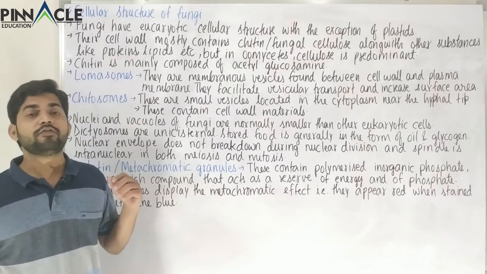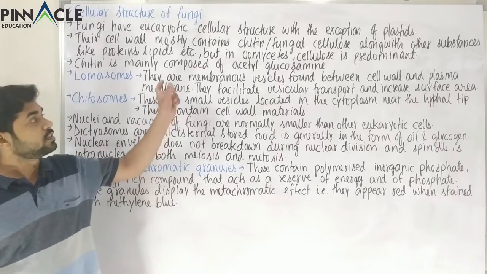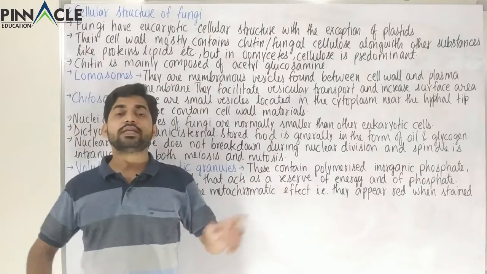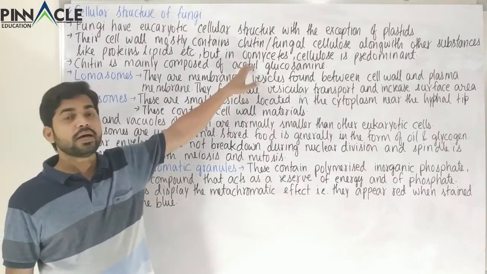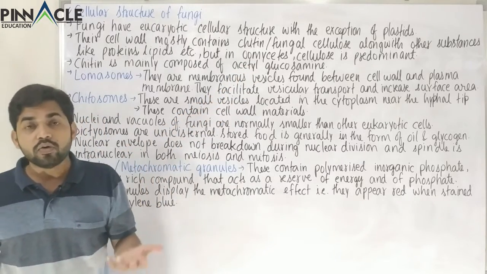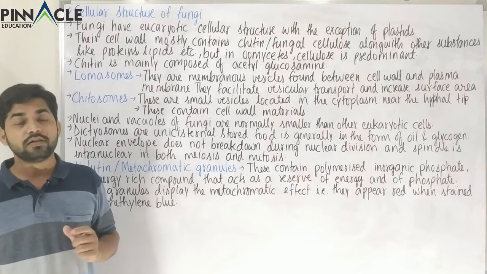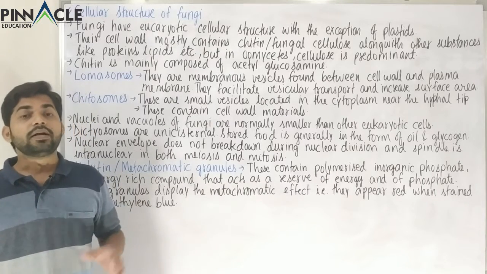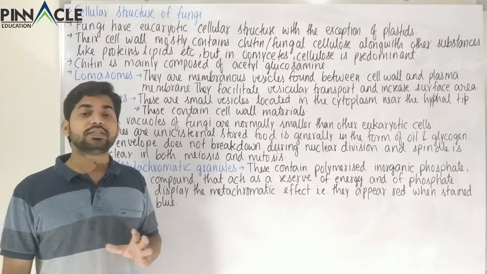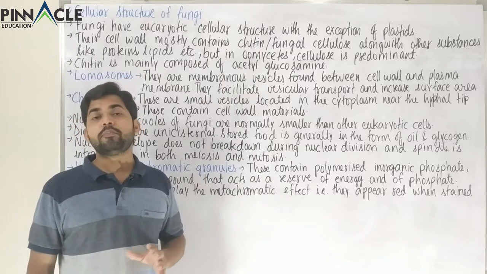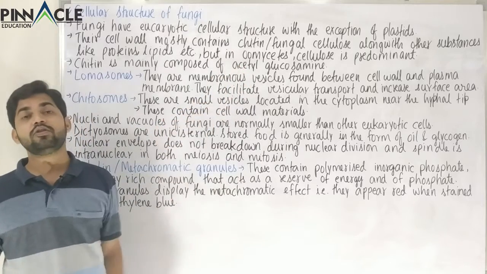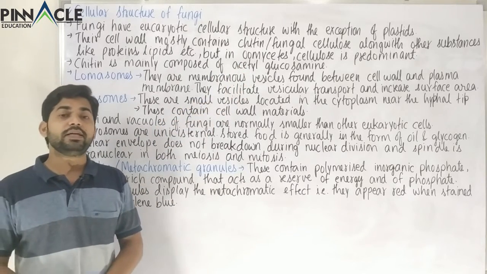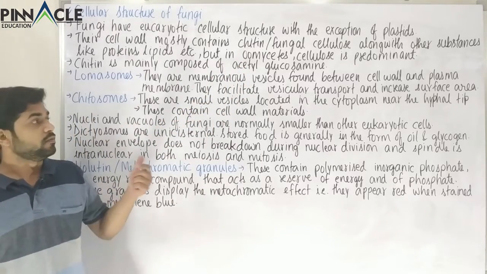Some categories of fungi also have chitin and cellulose in almost equal proportions, and in some cases like Oomycetes, the cellulose is the major component of the cell wall, not the chitin. But in the majority of the fungi, chitin is the main component of the cell wall, and only in Oomycetes is cellulose the predominant material in the cell wall.